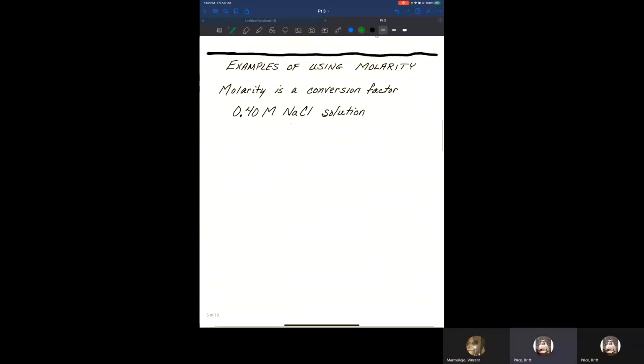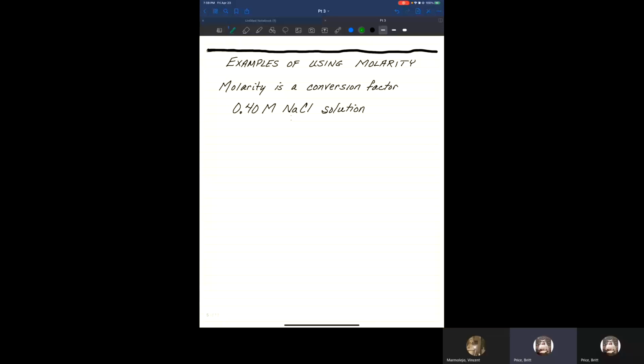A better way to think about this, instead of just leaving it as capital M, 1 liter of the solution is equivalent to 0.40 moles of NaCl. So once again, this conversion factor goes between something I can measure, a volume, and how many pieces, how many parts do I have?